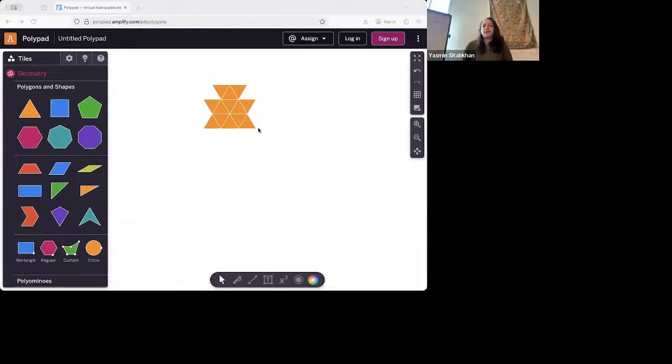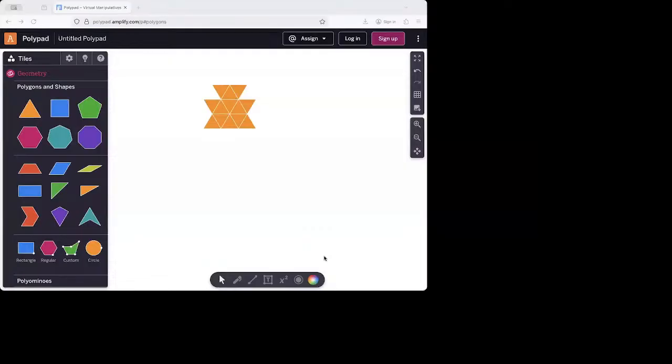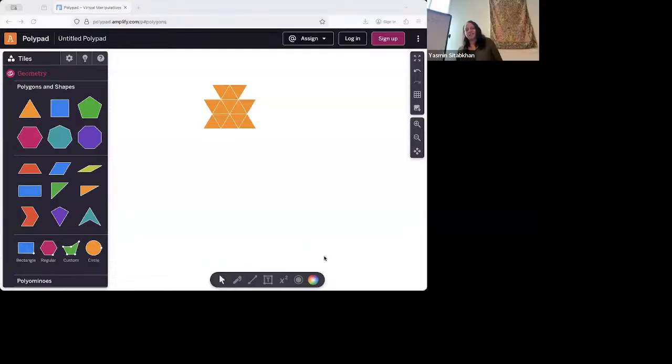What would you call a 10-sided shape? Anyone know the terminology? Juliana? It's called a decagon. Exactly. The decagon. Right.